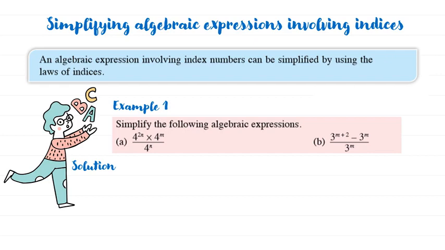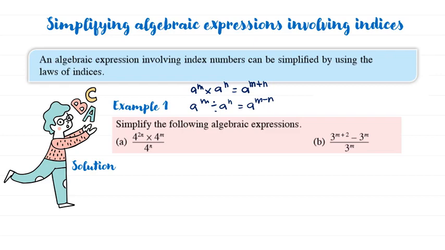So the laws that you need to recall are a to the power of m multiplied by a to the power of n is equal to a to the power of m plus n. While for division, a to the power of m divided by a to the power of n is equal to a to the power of m minus n. It involves the same base.